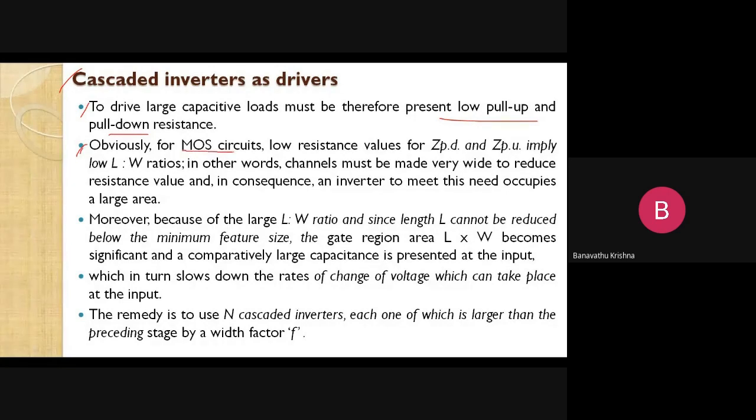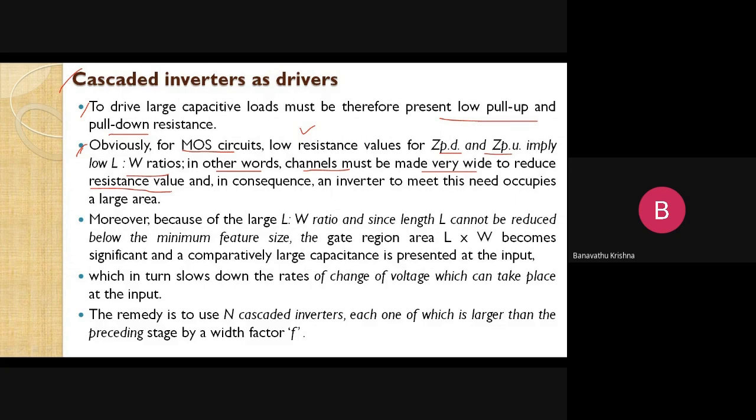Obviously, for MOS circuits, the low resistance path value for Z pull down and Z pull up implies low L by W ratios, right? In other words, the channel must be made very wide to reduce the resistance value, to maintain a low L by W value.